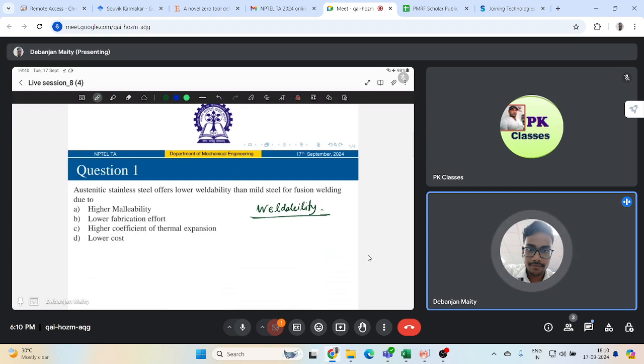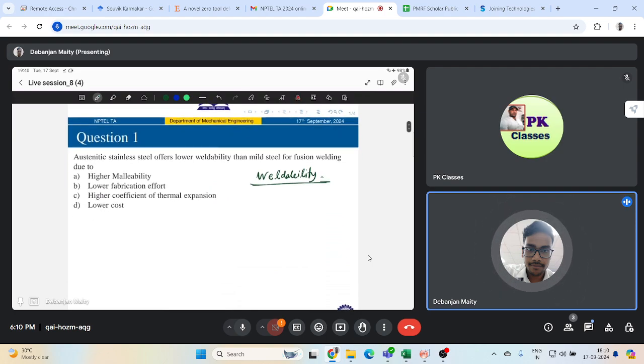So for today's session, this will be an overall view of weldability, and we will try to understand the different factors in terms of material properties, physical properties, elastic properties.